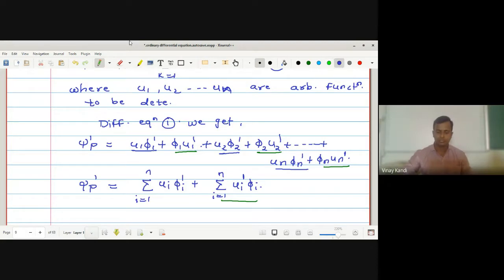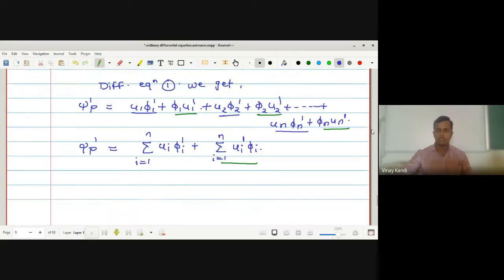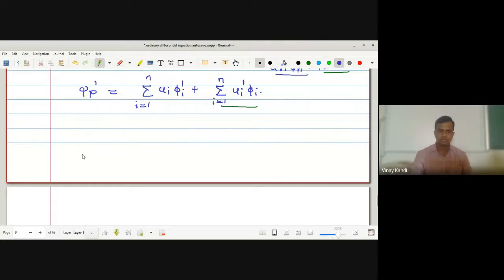Okay, now so this is the psi p dash. Suppose summation i running from 1 to n ui dash phi i is equal to 0, it implies that psi p dash is equal to summation i is equal to 1 to n ui phi i dash.